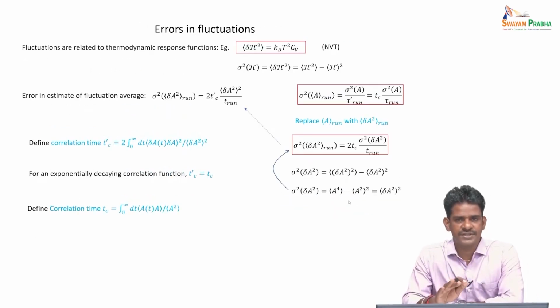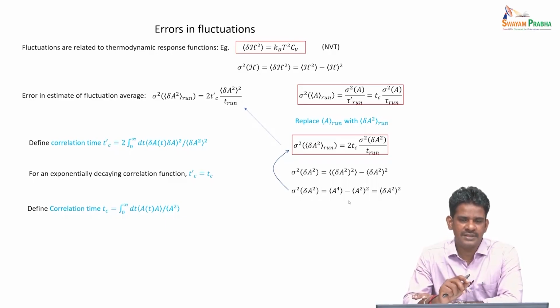So far all our discussion was looking at error estimates in equilibrium averages, and these equilibrium averages depend on instantaneous microscopic variables like positions and momenta. Such equilibrium averages could be pressure, volume, temperature, potential energy, kinetic energy, or total energy, which are directly derived from the microscopic variables.